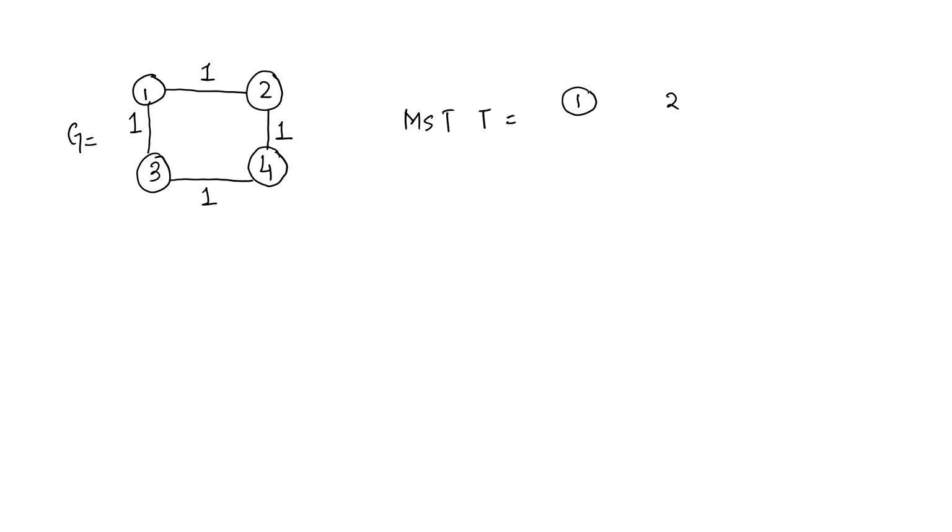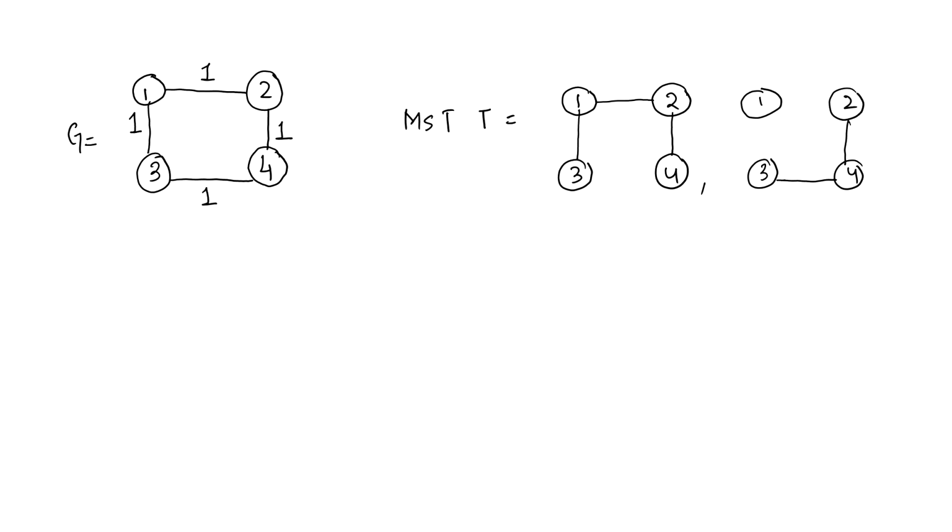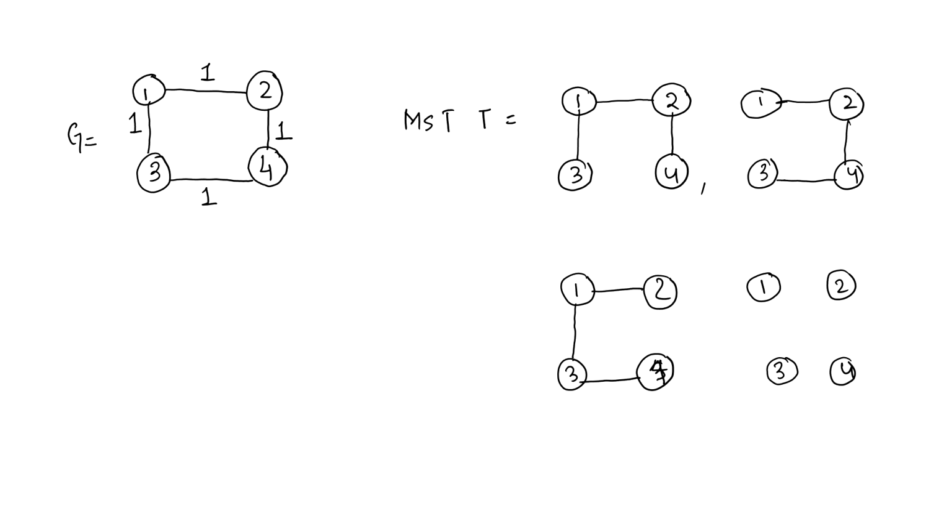So let me draw the different MSTs that are possible. This is 1. Okay, these are the 4 MSTs that are possible.